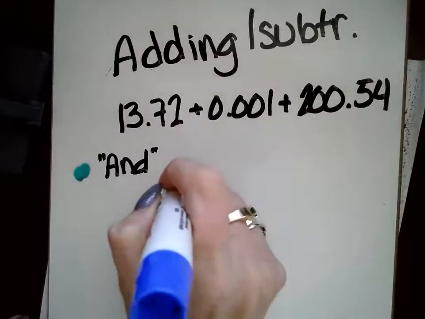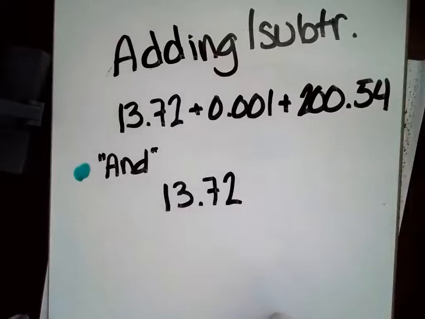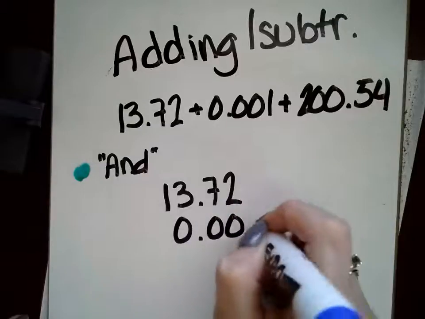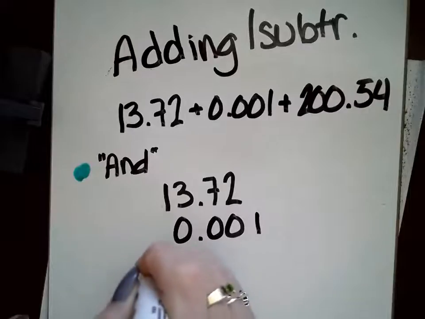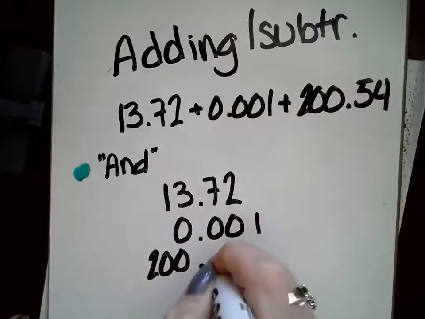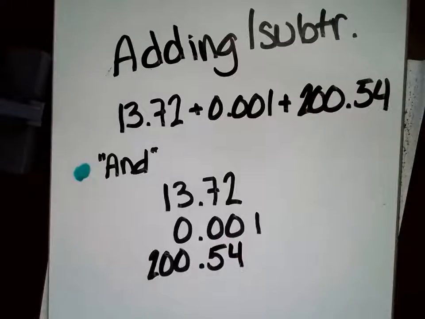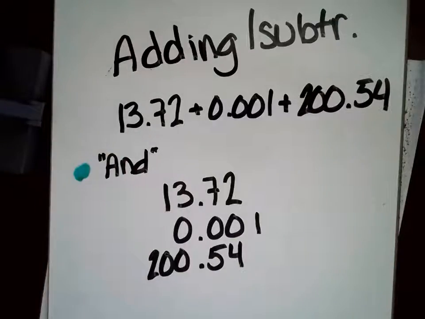So I'm going to rewrite these so that they're vertical. 13 and 72 hundredths. 1 thousandth. So we want all of our places to line up. 20 and 54 hundredths. What we notice is that we don't necessarily have numbers in every place.